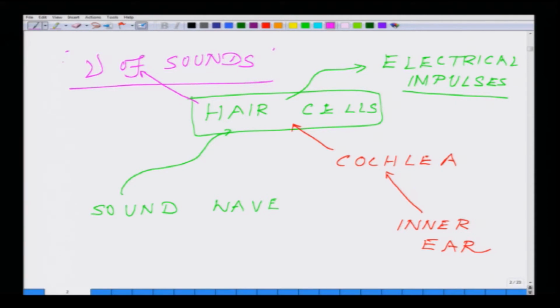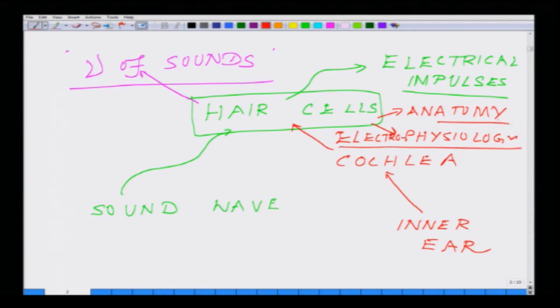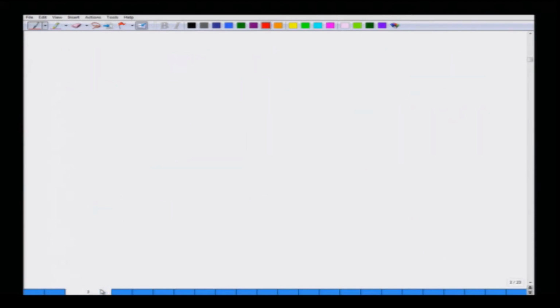This is the feature of these hair cells. So, we will be talking about hair cell anatomy and physiology, or actually essentially the electrophysiology of these cells. To start with, let us explore the structure of the ear itself.